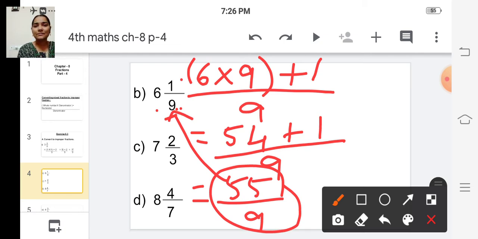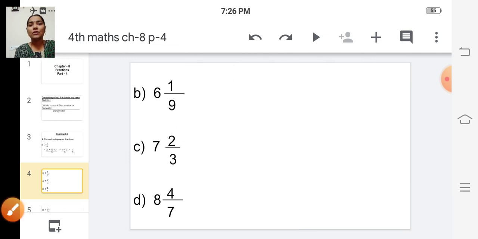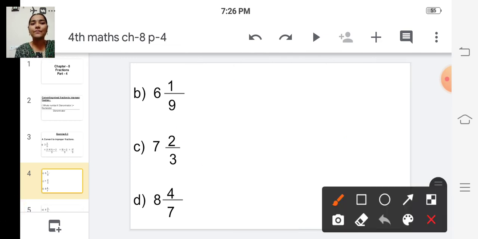Okay, children? Yes. So we will do the next one. 7 2 by 3. What is the formula? Whole number. Here whole number is 7. Whole number into denominator. Denominator is 3. So plus numerator.